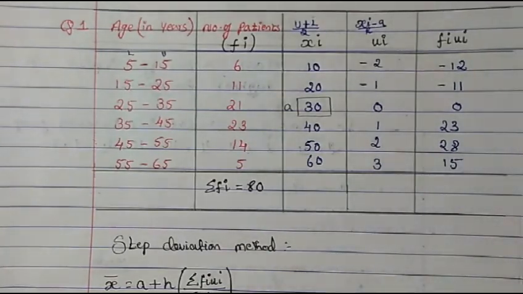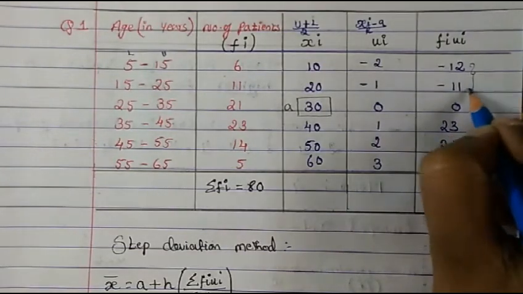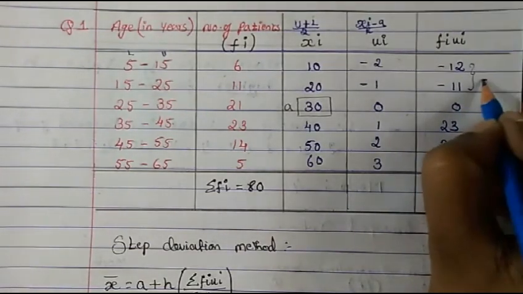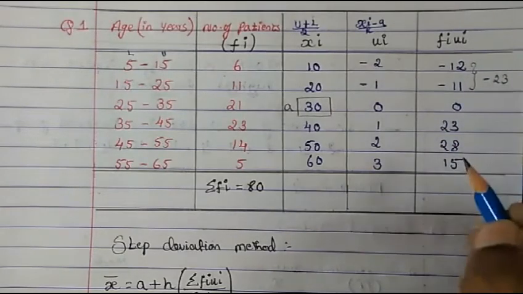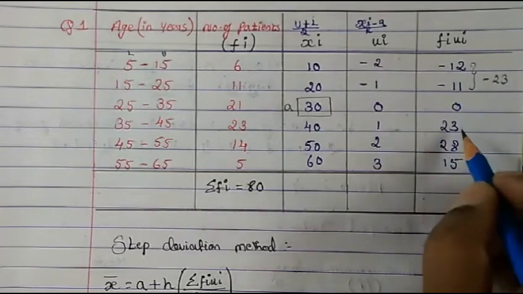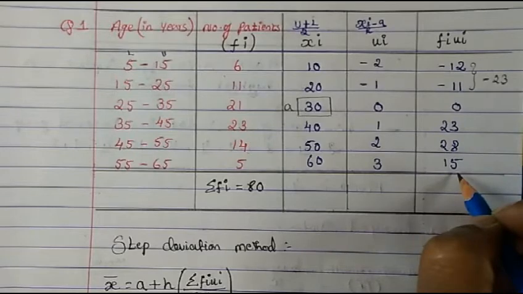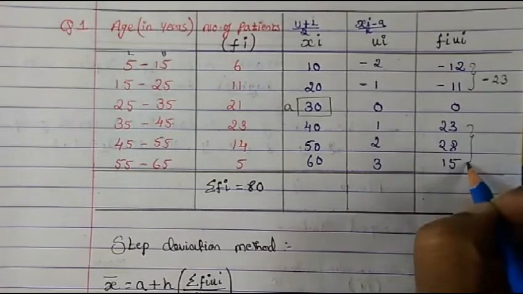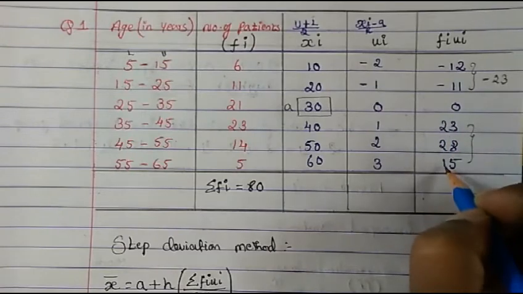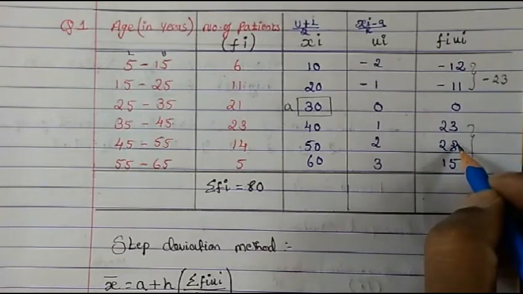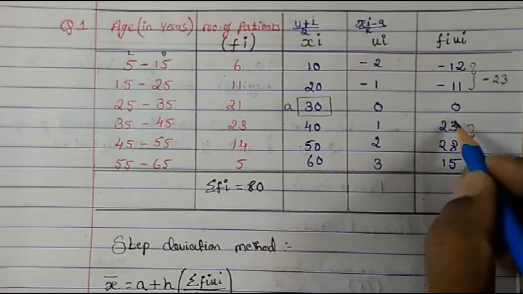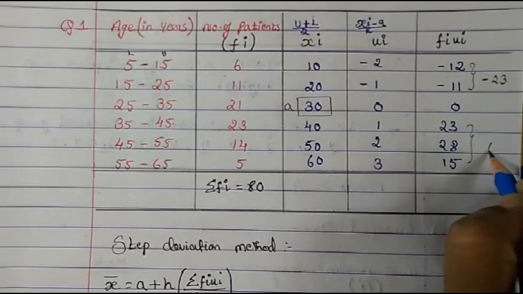So now calculate. 12 and 11 negative will give us minus 23, and then 23, 28 and 15 together how much? 40, 50, 58, 60, 61, 66.